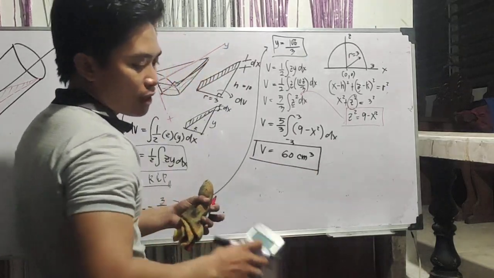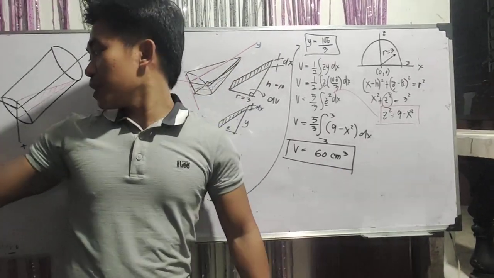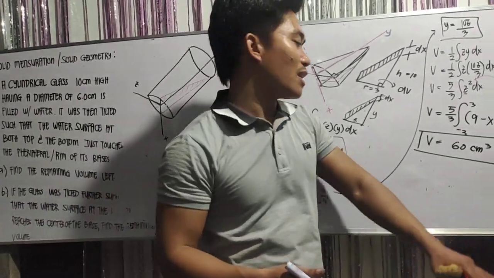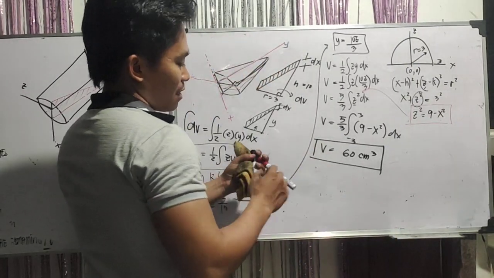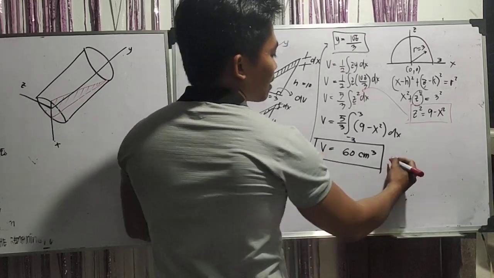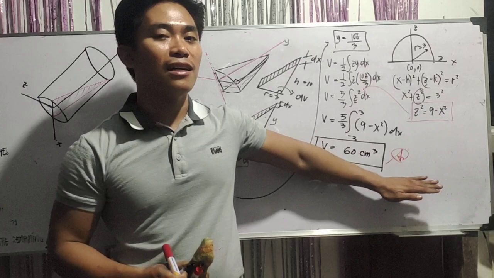This volume actually is same lang din sa result nung sinolve natin yung problem B gamit yung Prismoidal formula. So indeed, mathematics will tell you na pwede, okay? So in short, mapa-Prismoidal man yan or mapa-calculus man yan, the same lang din yung sagot. So, this is the answer.